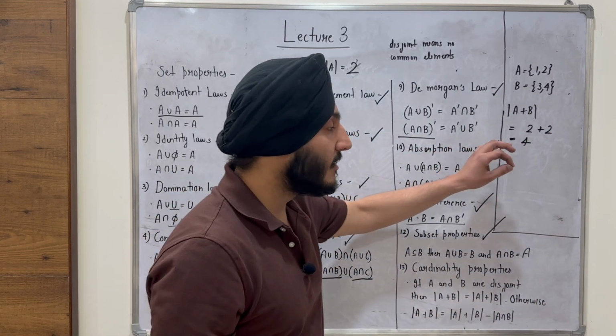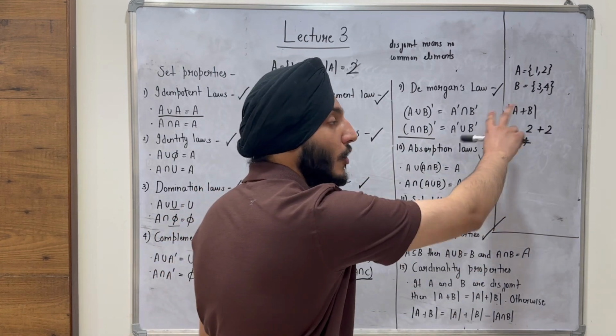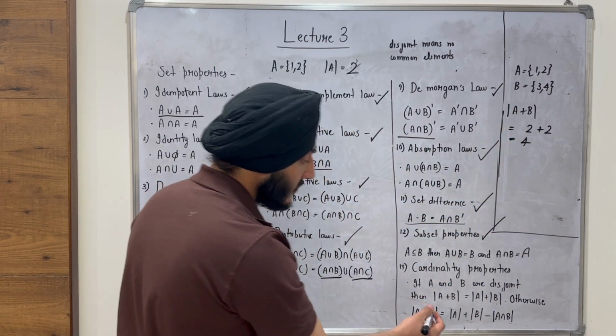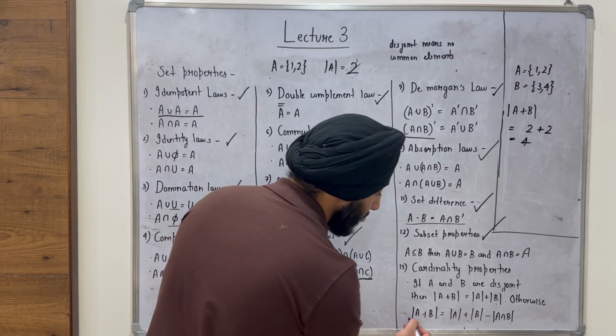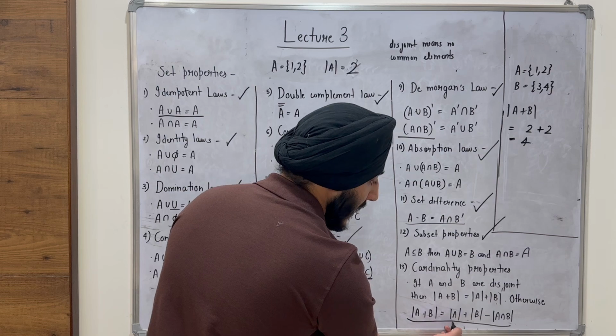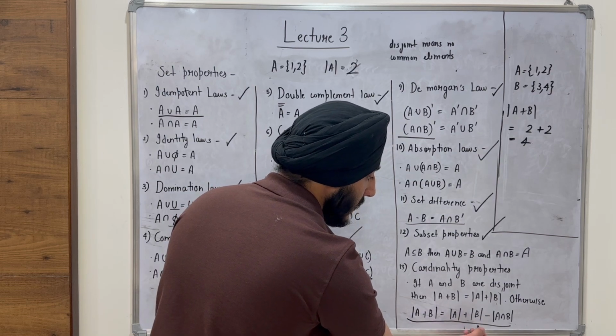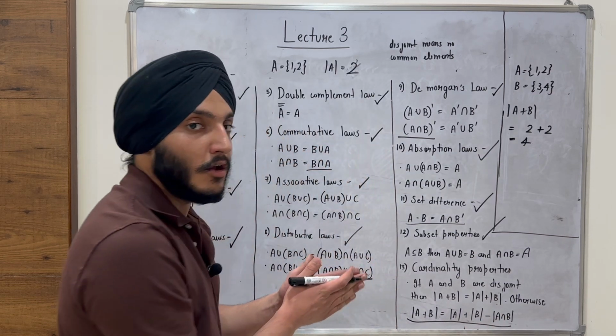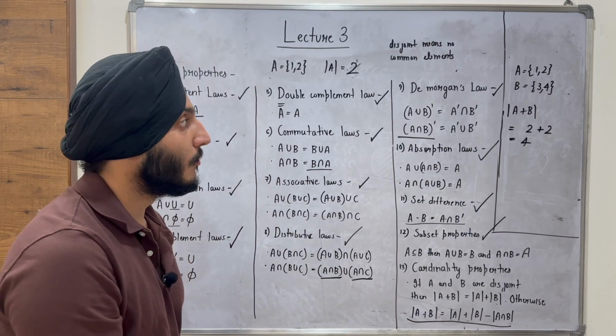But this is only in the case that they don't have any common elements. In the case that they do have common elements, then this is the equation that we have, which is the cardinality of A union B equals the cardinality of A plus the cardinality of B minus the cardinality of the common elements between both of them.